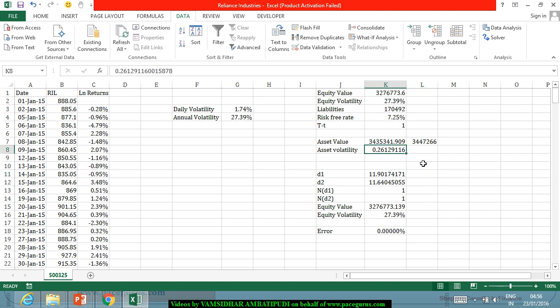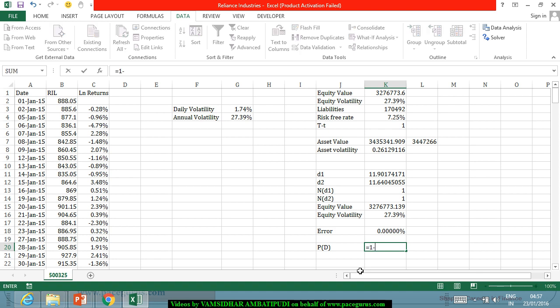Fair enough. And now this is where we get into the default probability computation. We have ND1, ND2 and all there. If you remember, the probability of default is nothing but N of minus d2, which is 1 minus ND2.